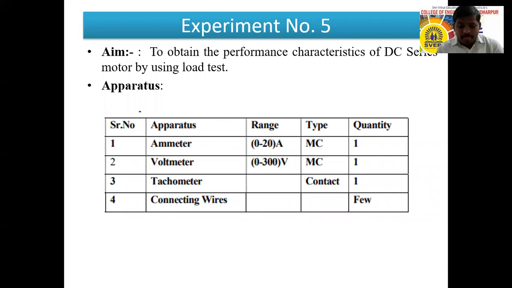Okay, see, while conducting a test on a DC series motor, what is the precaution? We have already discussed it in the theory. What precaution should be taken while conducting any test on a DC series motor? Give me a reply immediately.